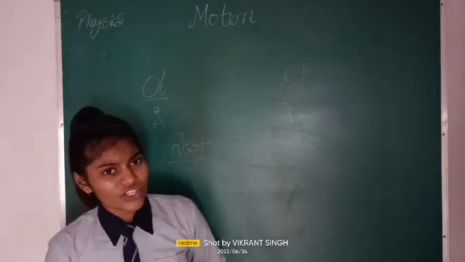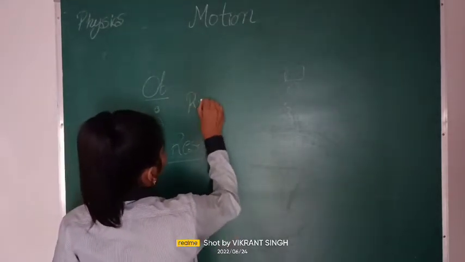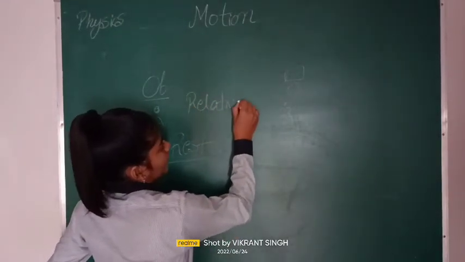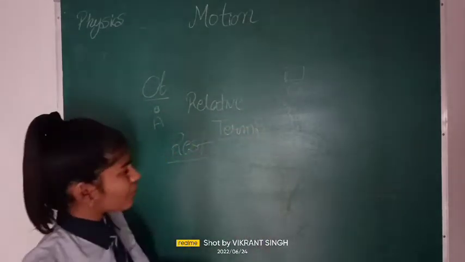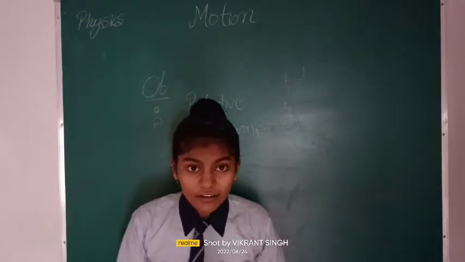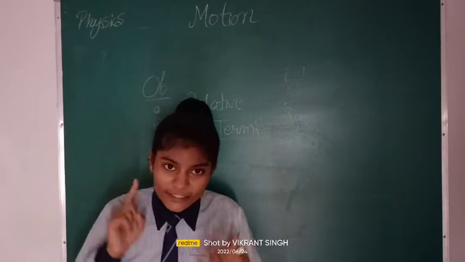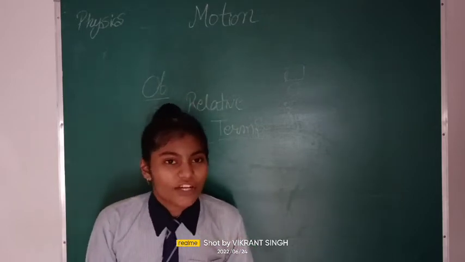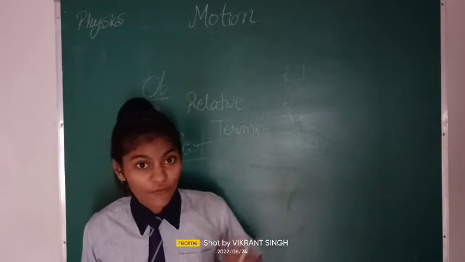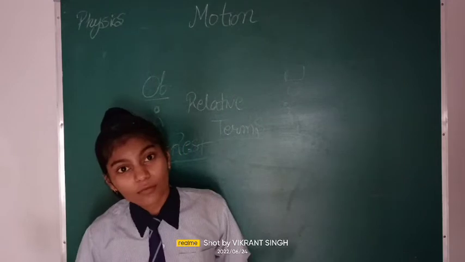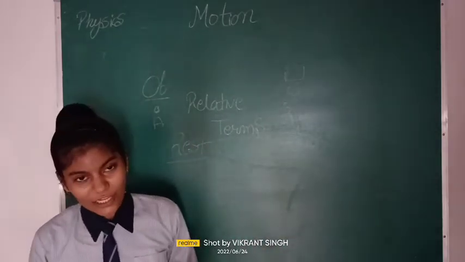They are relative terms because for the same time and the same object, there could be different arguments. One can say that the object is in motion, and one can say that the same object is at rest. I will explain, don't worry.